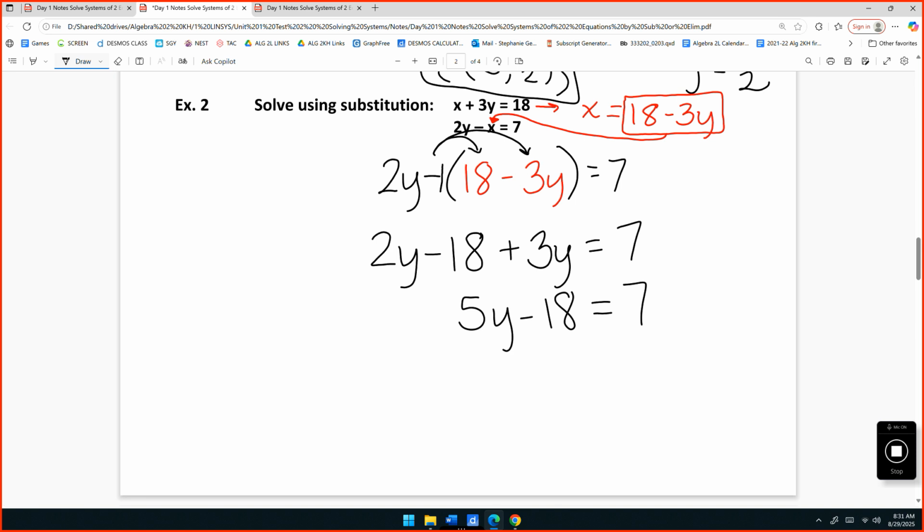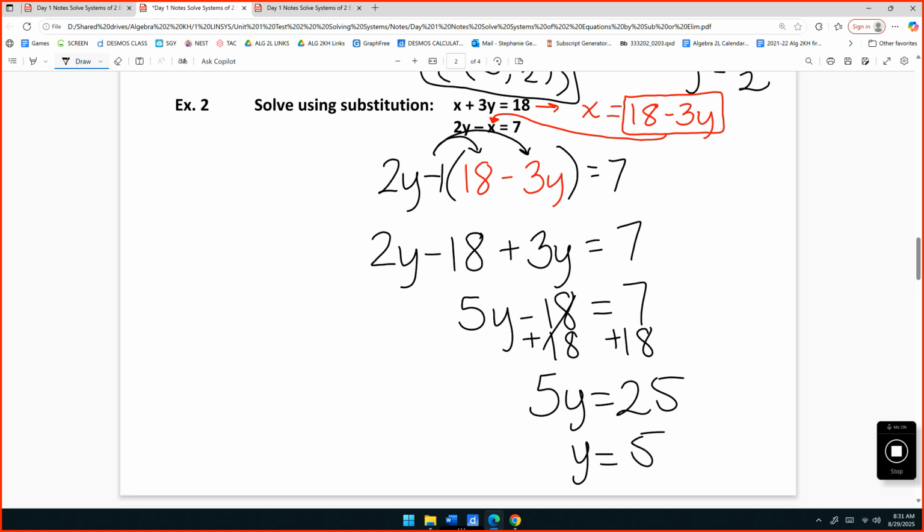Okay, plus 18, plus 18. 5y equals 25. Divide by 5. y is 5.